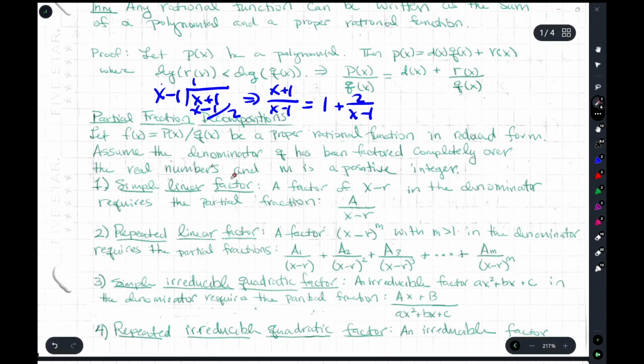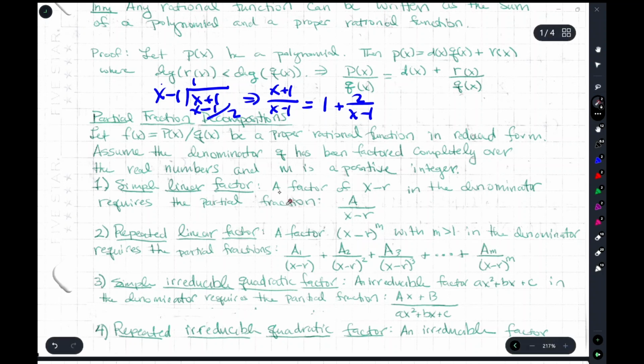And we assume that the denominator q has been factored completely over the real numbers, and m is a positive integer. Factored means you pull out as many simple factors that look like x minus r as possible. Some polynomials can't be factored over the real numbers, and we'll discuss that possibility.